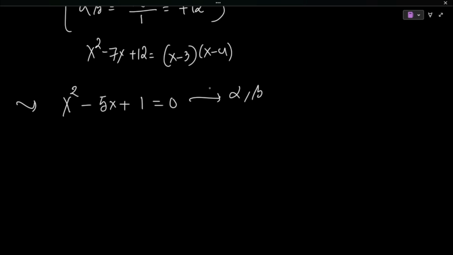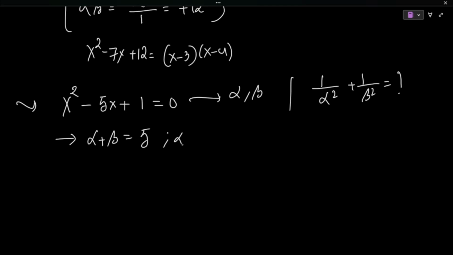They're asking you, can you tell me the value of 1 by alpha square plus 1 by beta square? These are the questions you have to expect, where they ask you the value of some expression in terms of alpha and beta. Once this happens, you are first going to write down Vieta's relations, which is alpha plus beta here would be 5, right? And alpha into beta is going to be 1.